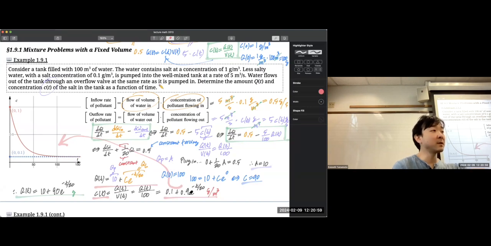In the infinite time limit, this second term goes to 0, right? Because you're going to have e raised to the negative infinity, and that disappears, which means that as you keep going forever forward in time, it's going to asymptote to a concentration of 0.1, but never go below that. And why would it never go below 0.1?